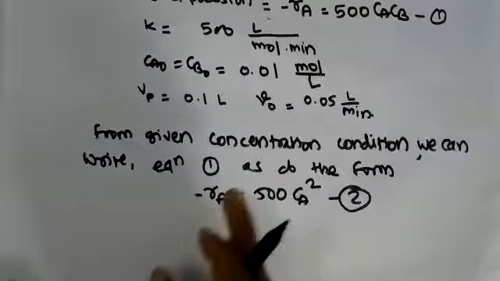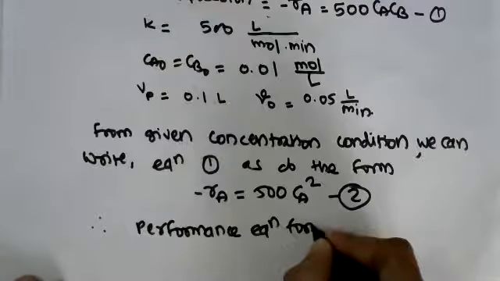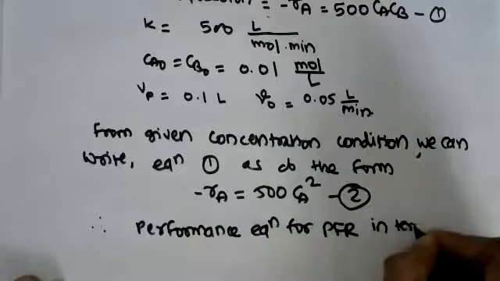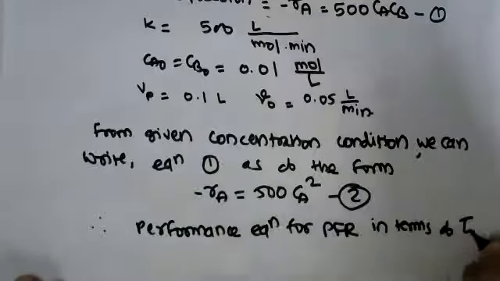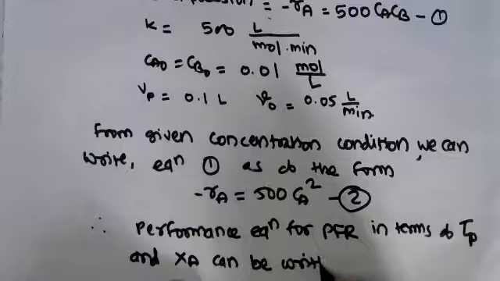The data given in this case is such that you can use two types of performance equation, out of which I'll be using the performance equation in terms of space time. And therefore, I will write the performance equation for PFR in terms of tau p and XA.